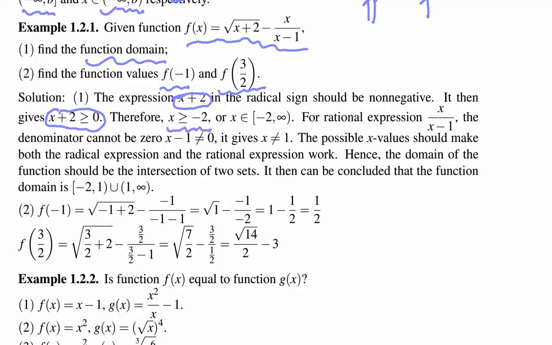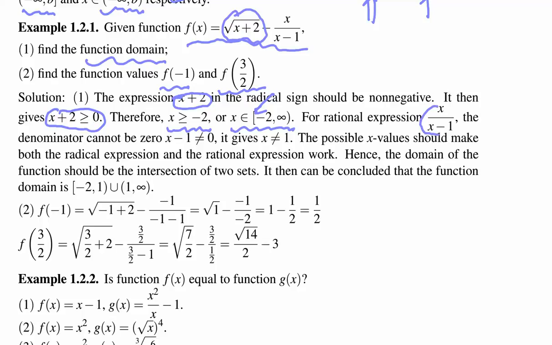It then gives us x greater than or equal to -2. Okay? So then x belongs to from -2 to infinity, based on the definition we had before. -2 is included, so you use the square bracket. Okay, that's the requirement from the radical expression.